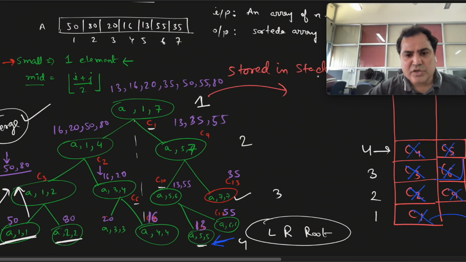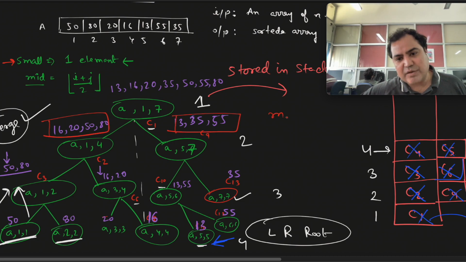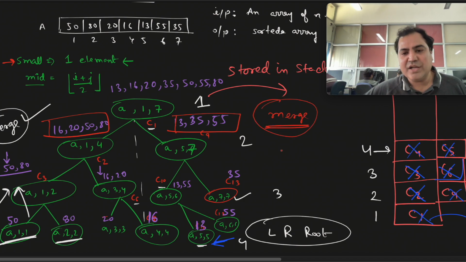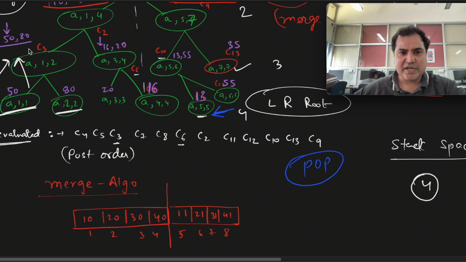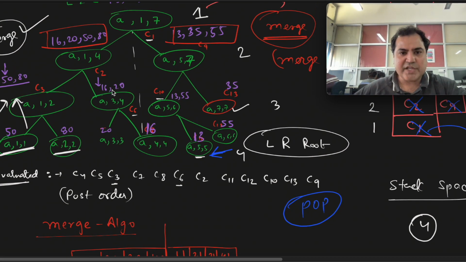I will take two bigger subarrays and show you how to merge. That is called the merge algorithm, and it is called within the merge sort algorithm. An example of how the merge happens: from 50, 80, 16, 20, it will come as 16, 20, 50, 80.